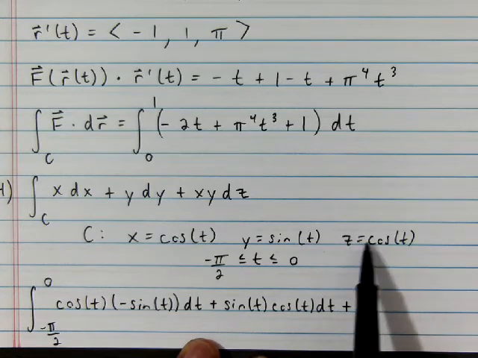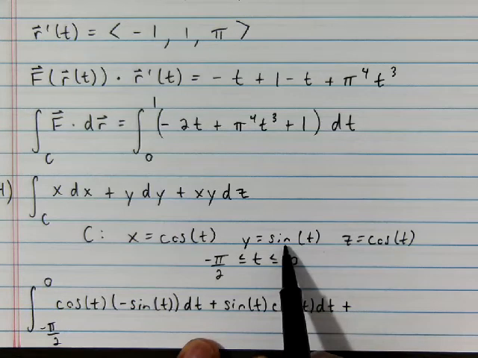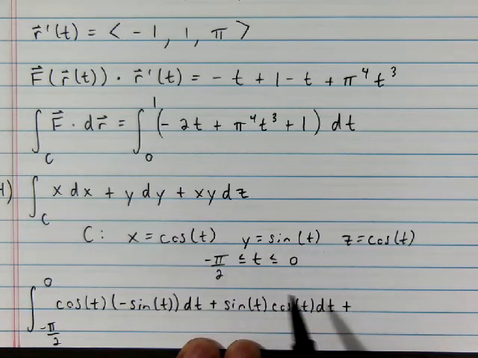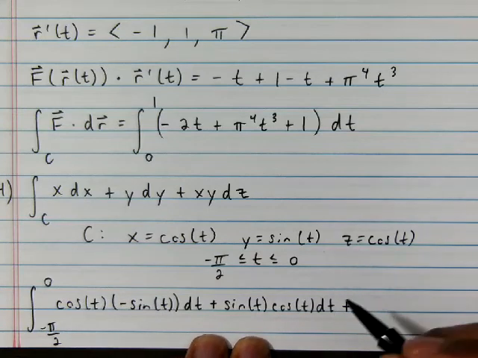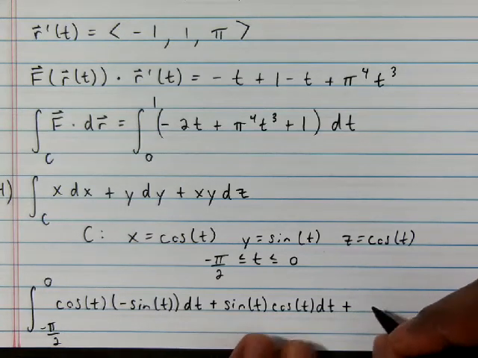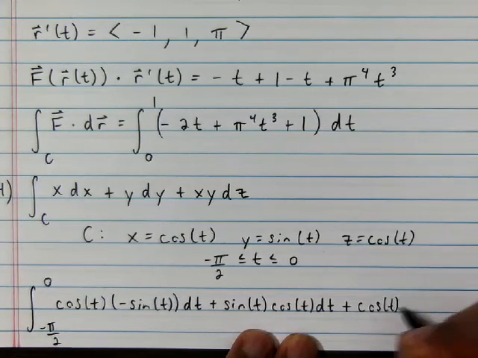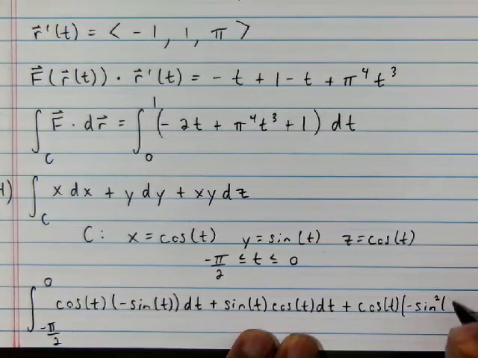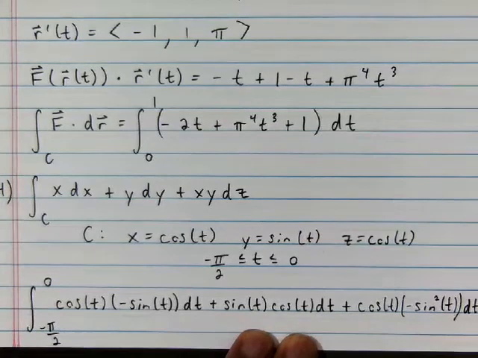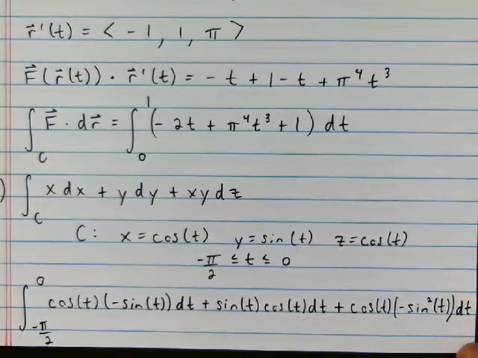So I'm going to take that negative sine of t and multiply it by this sine of t and multiply that by the cosine of t. And it's going to give us negative sine squared t cosine t. Or actually, I'll just put cosine t times negative sine squared of t dt. That's the integral we will get there.